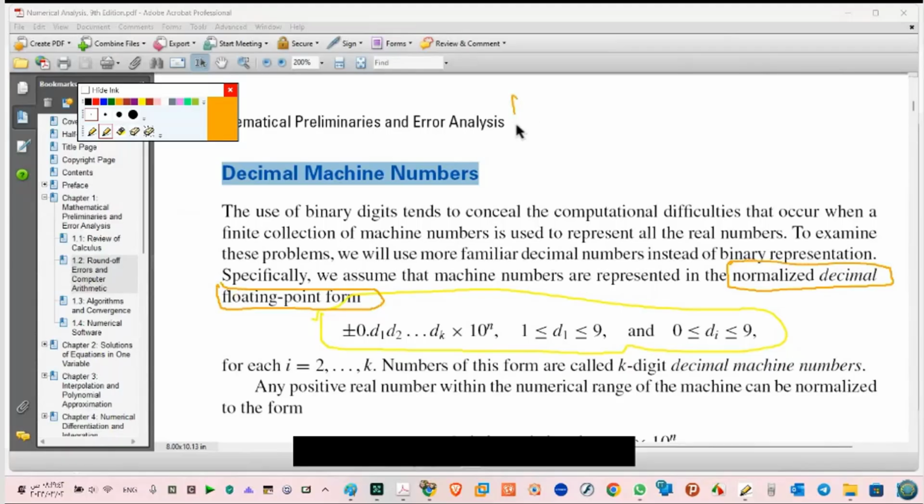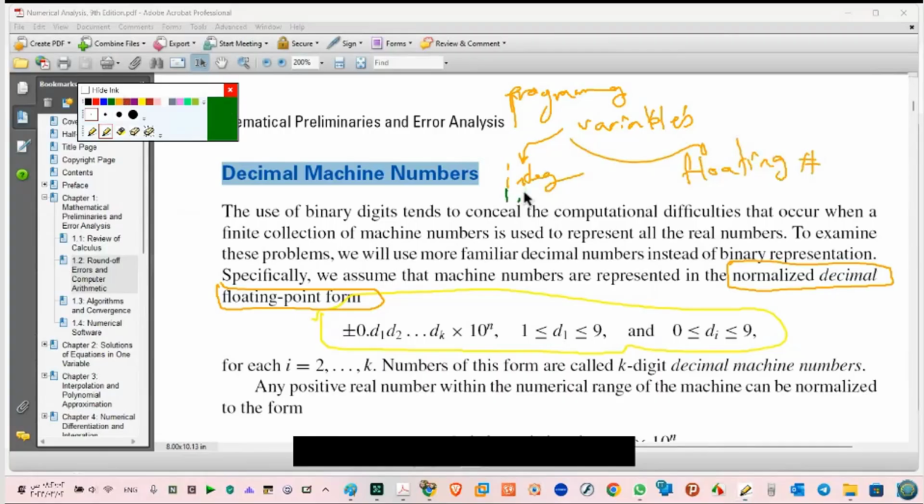You know, from programming, that you have types of numbers. For example, if I have variables, I have integer and I have floating number. Integer like 1, 2, 3.